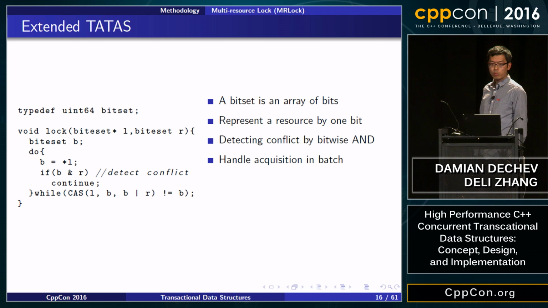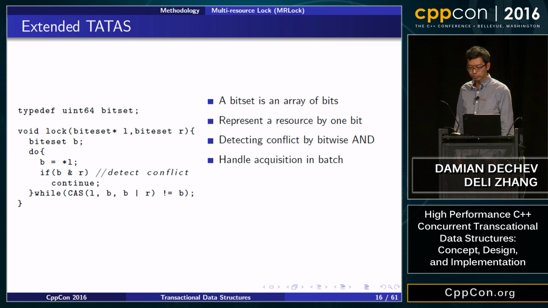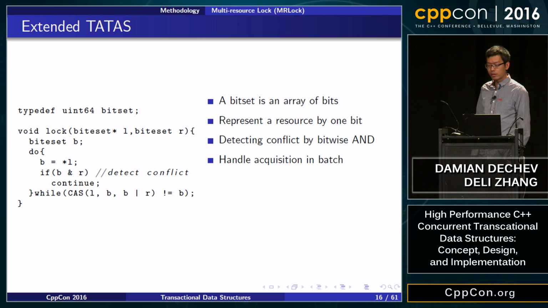So the conflict among resource requests is detected using a bitwise AND operation between the value B and R. And if there is no conflict, the lock value is updated using a bitwise OR operation and CAS. So this way, the lock can handle requests in batch.